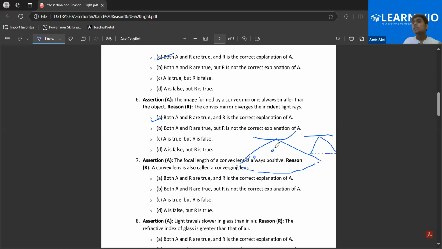We will not be able to understand which car or which bike is approaching you, and at what speed, right? That's why the images formed are much smaller than the actual object. This is a property of the convex mirror: the light rays diverge because it is a diverging surface, spreading out the rays.